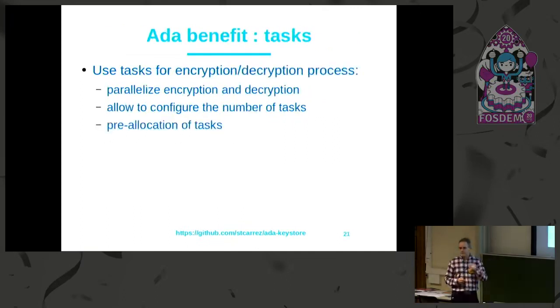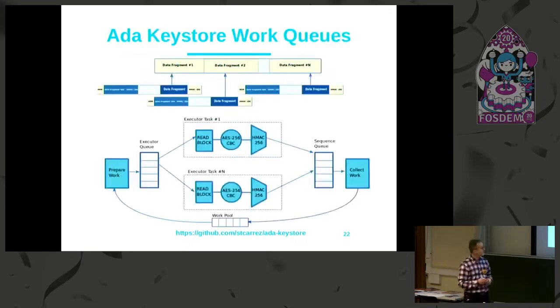Tasks are used for the encryption and decryption. The library by itself does not create tasks, but it allows you to configure a number of tasks beforehand and indicate to the library a number of tasks that the Ada Key Store library can use to decrypt and encrypt the content in parallel. So to be quick, this is the encryption, the decryption process.